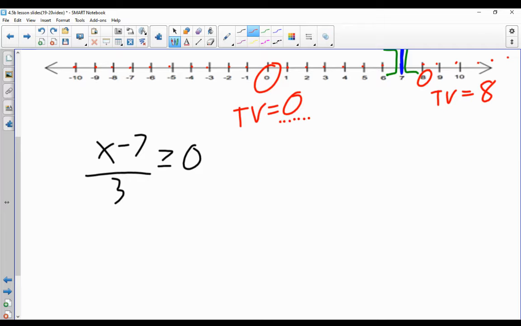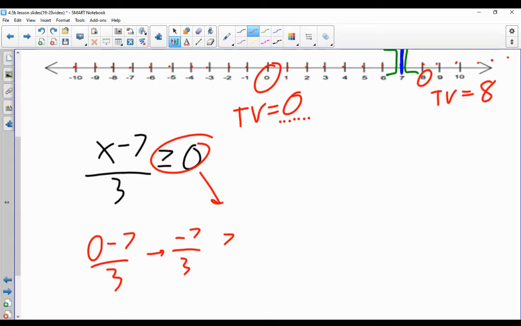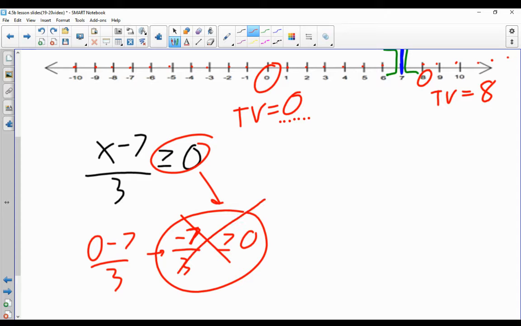Let's plug in 0. So we're going to get 0 minus 7 over 3. And on top, that's negative 7. On bottom, that gives you 3. But is that greater than or equal to 0? A negative number cannot be greater than 0. That's a false statement. False statement on the first one.